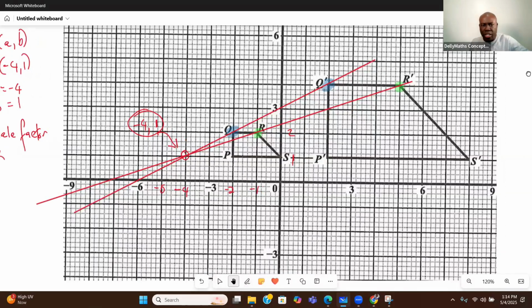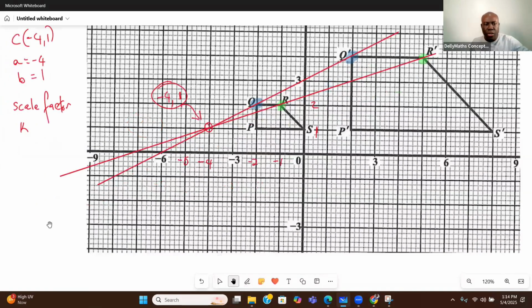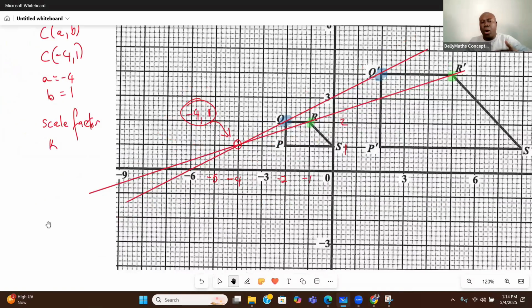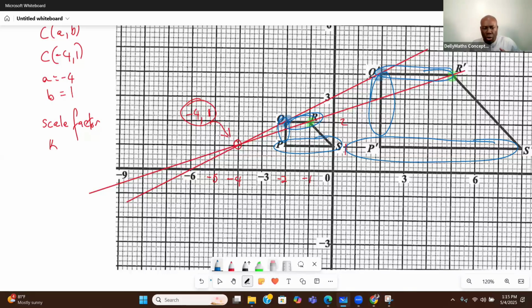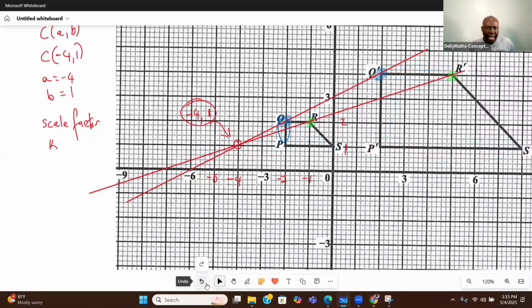The scale factor is what changed one thing to the other. So what changed any side to its corresponding side? Like what changed this side to that side, or this side to that side. So you want to zoom in on any pair.